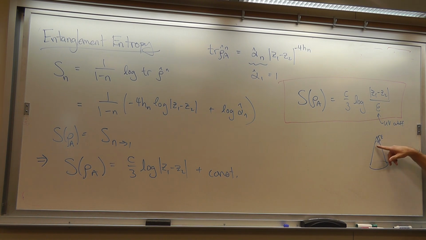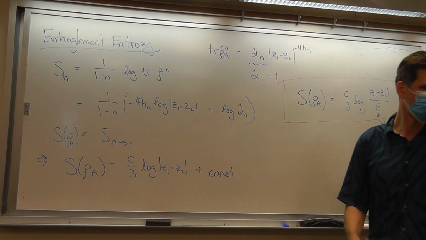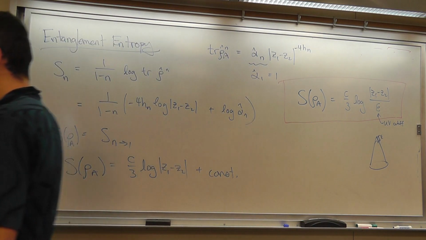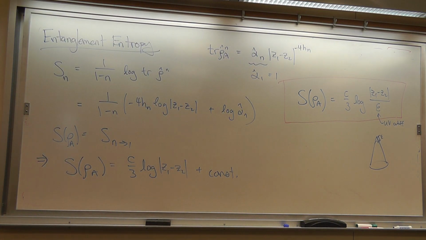How smooth was the thing you replaced it by, and how big exactly was the thing you cut out? All that stuff gets absorbed into the UV cutoff. There wasn't really any way to see without this dimensional analysis argument that these integration constants had anything to do with UV divergences.